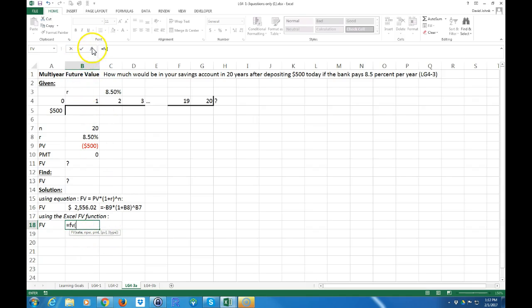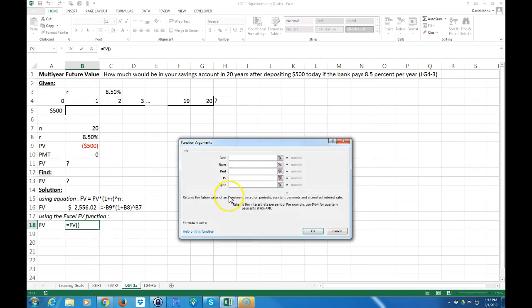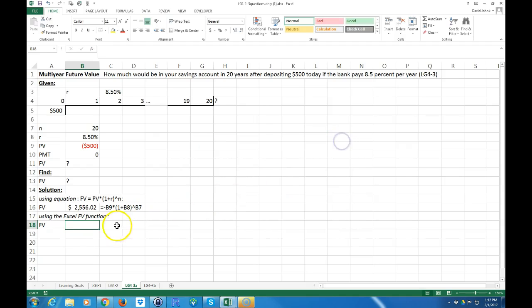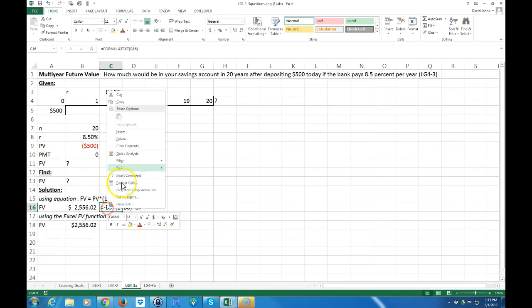If I click on this, it brings it up after you type equals FV and open the parentheses. But I normally don't use it because it asks me down below. I already kind of know how it works. The rate is here. Number of periods is here. Payment is here. Present value is here. And it's the same answer.